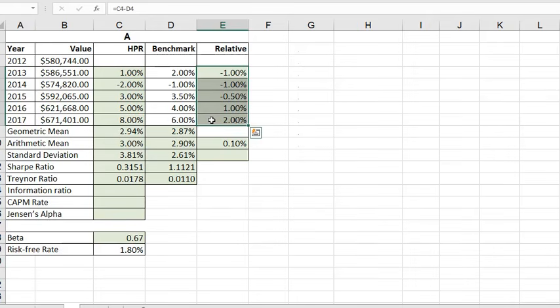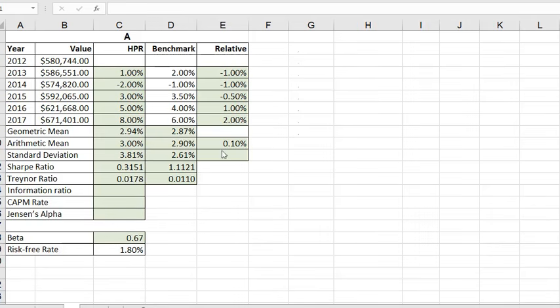If that's our objective, then the risk is not necessarily the volatility of these individual returns here, but the volatility of how our returns compare to the benchmark. That's why it would be important to calculate the standard deviation of these relative returns here.